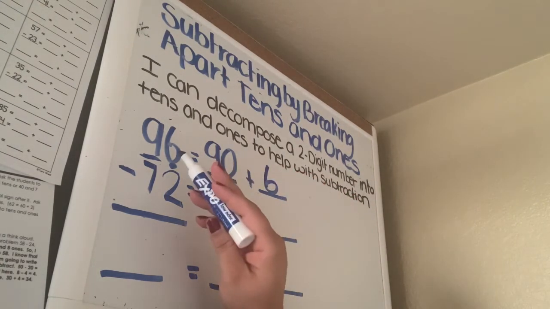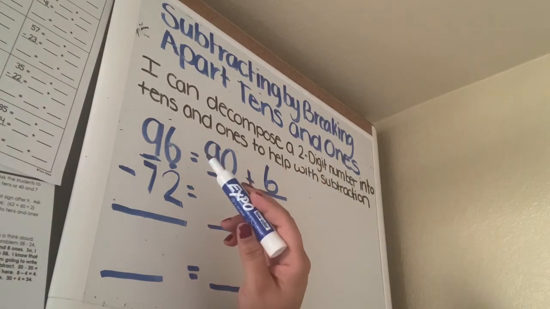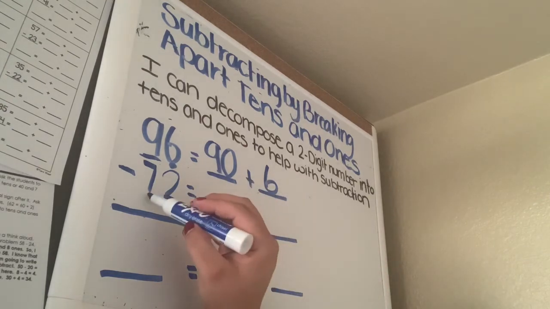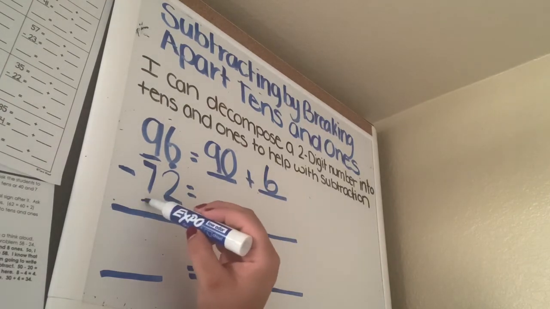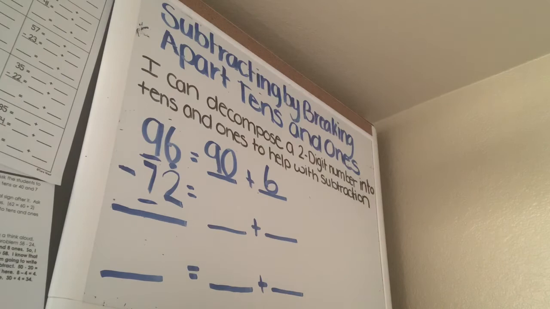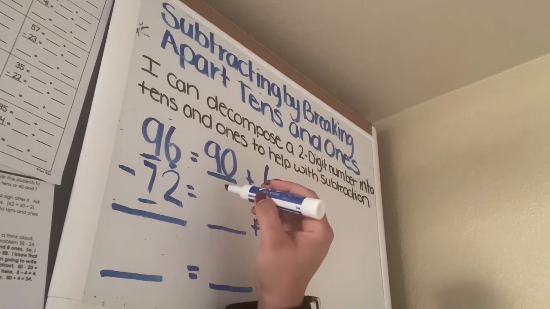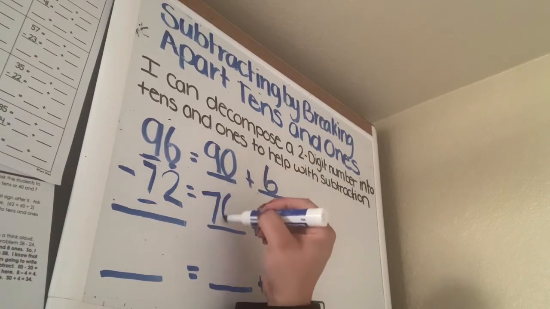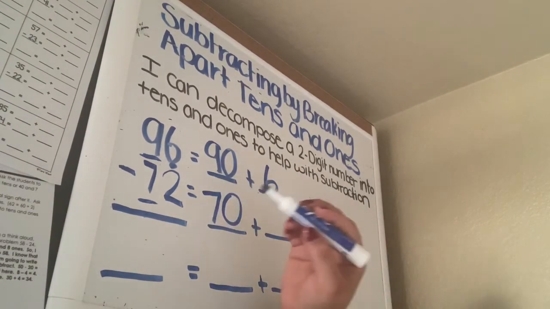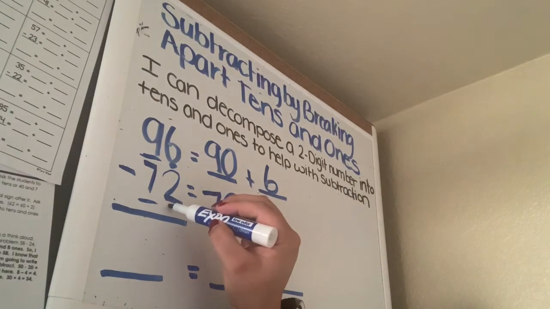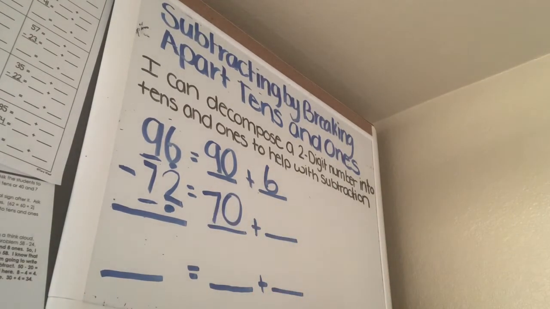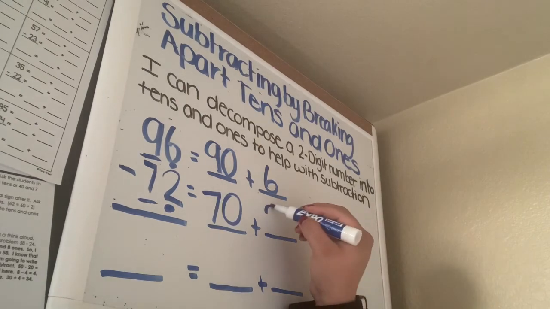Now that we broke this number apart by tens and ones, we're going to do the second number. How many tens are in the number 72? 7. And what is the value of that? 70. Amazing job. Now, how many ones do we have? 2.